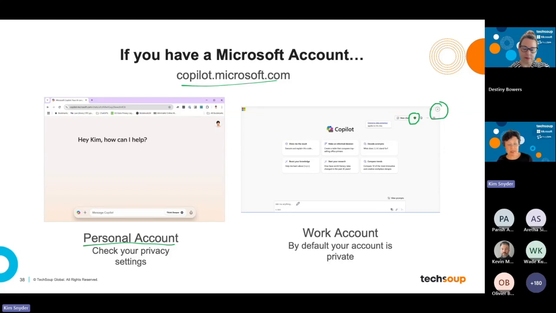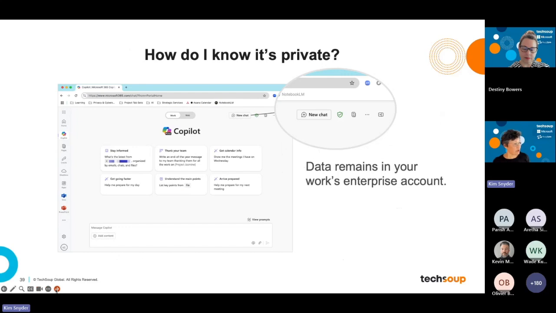And whatever you put in has the same kinds of protections as other data and documents in your Microsoft environment if you're logged into the one at work. So it retains that type of security, right? Again, the address is the same, but you get added protections, and by default, you're in your work enterprise account.